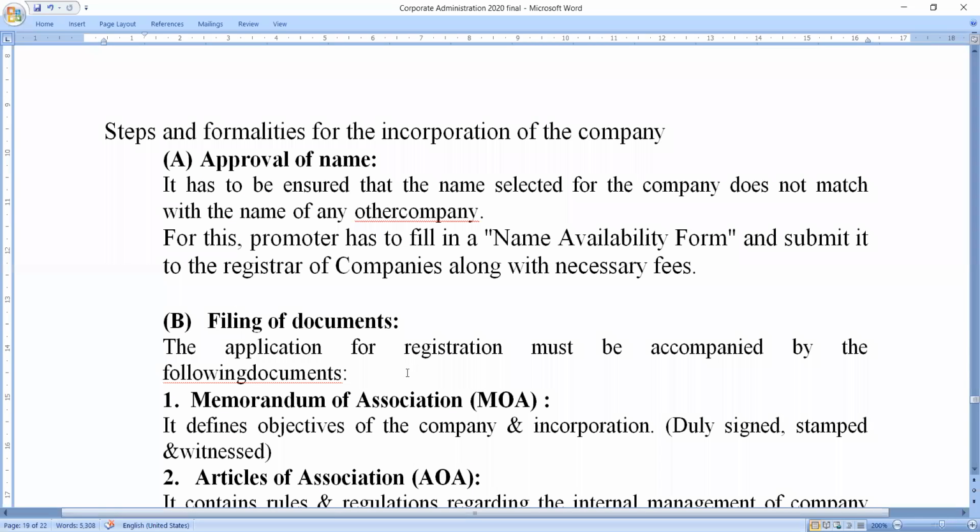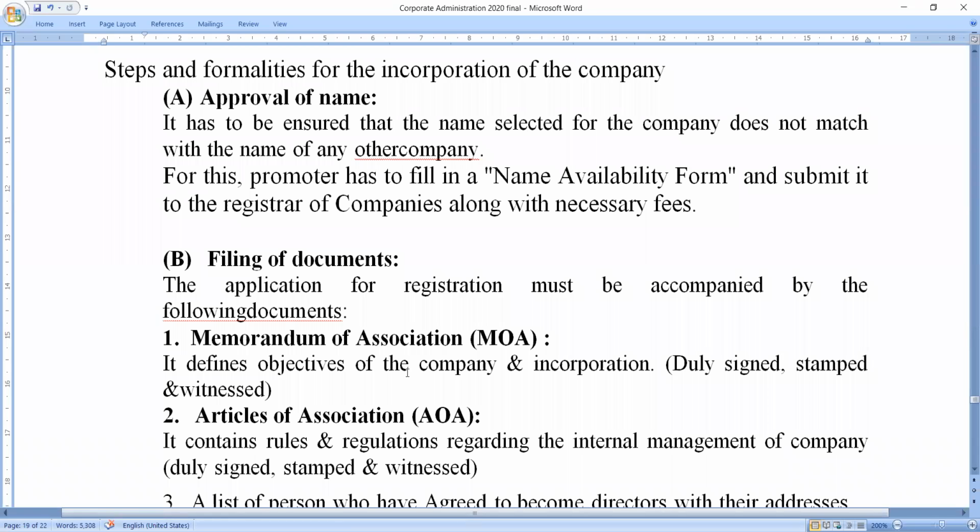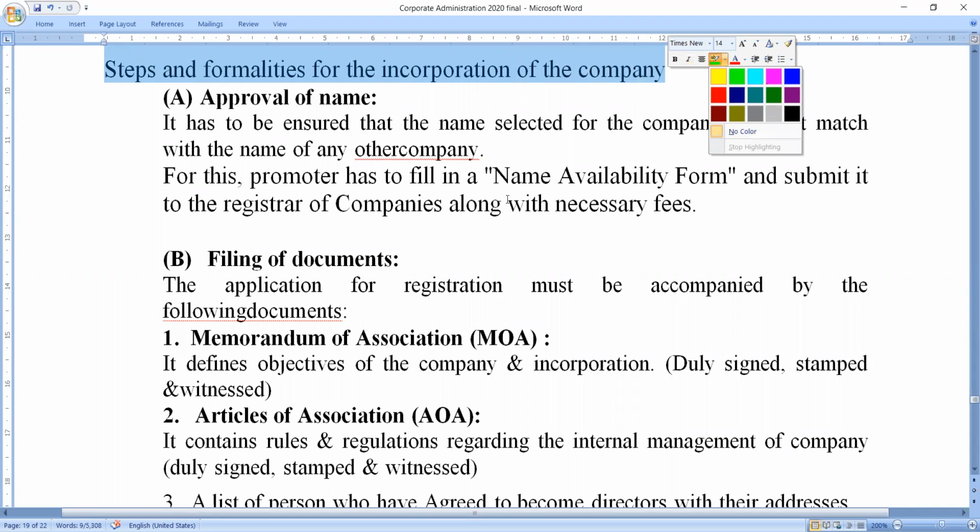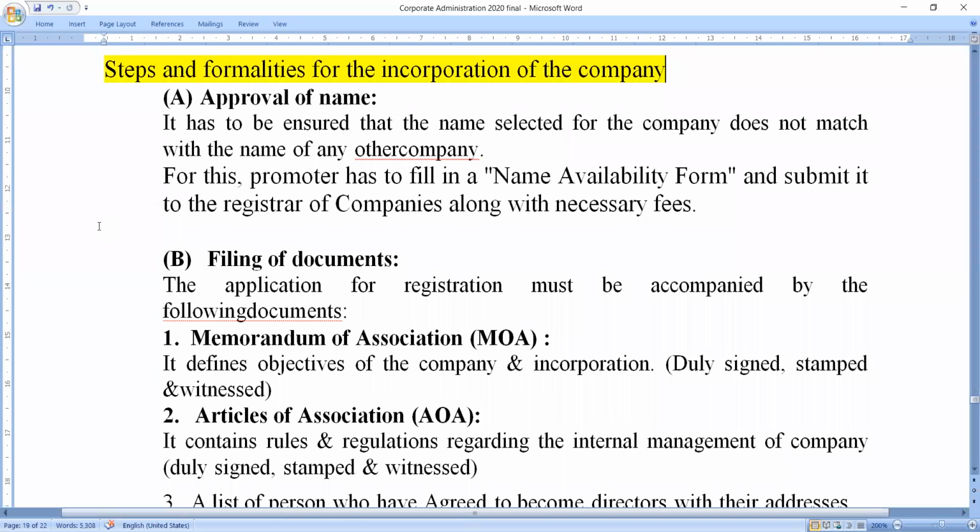This is a very, very important concept here: steps and formalities. This is another most important concept. Steps and formalities for the incorporation of the company. Here we are also following certain important steps. Why? Because it is very important to follow the formalities.